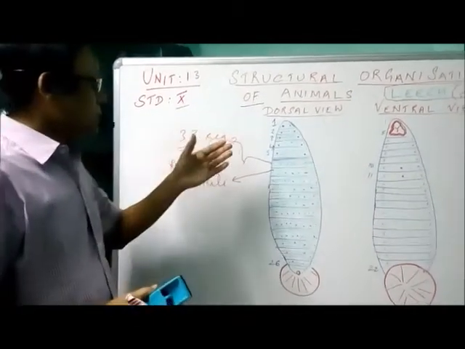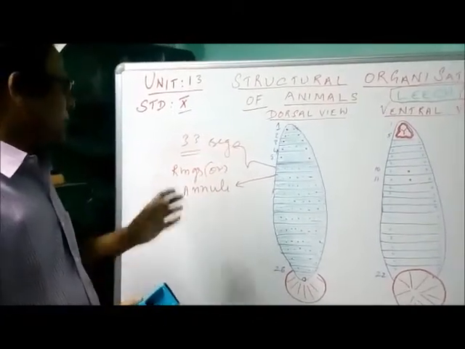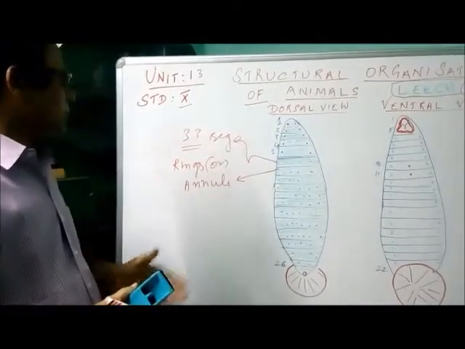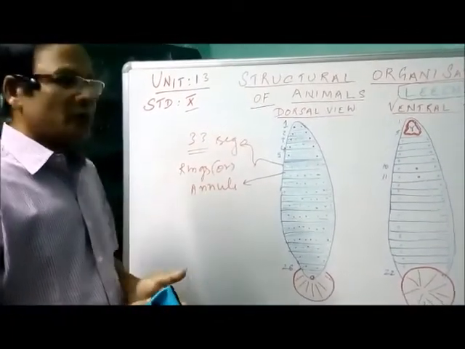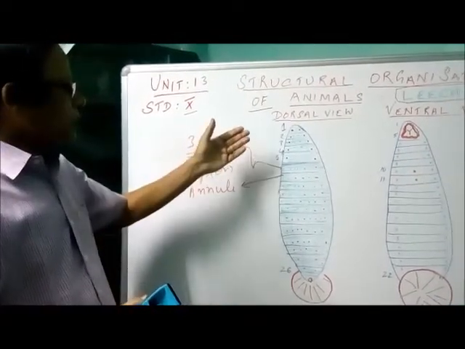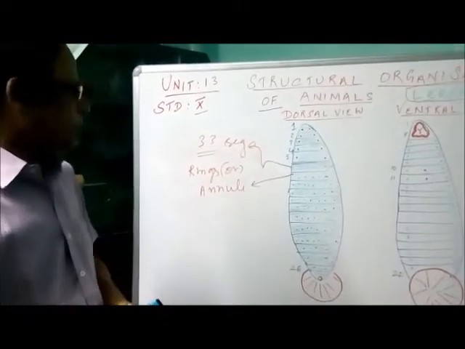Now the first segment and the last segment, like that we have. That is about the segmentation. Metamerically segmented, the number of segments 33. Each segment is superficially divided into rings or annuli. Now anterior few segments and posterior few segments are modified into circles.